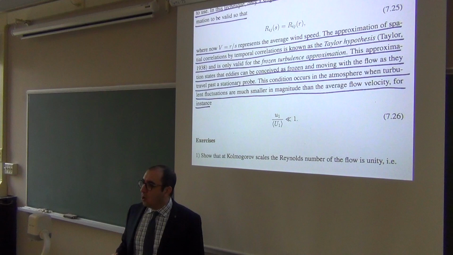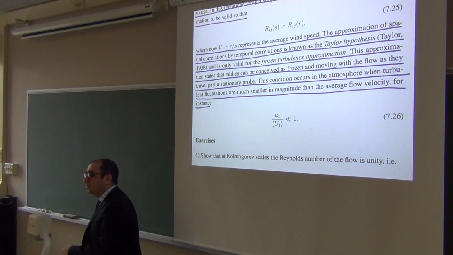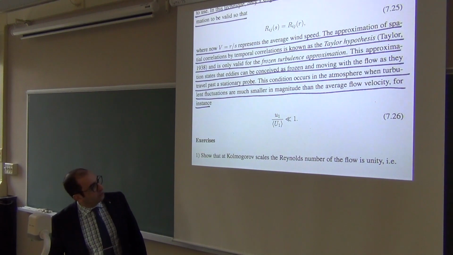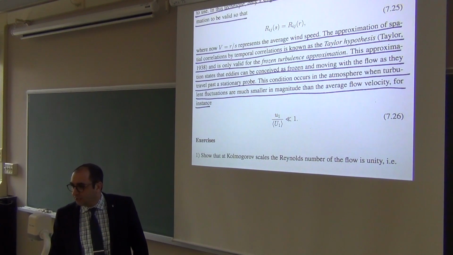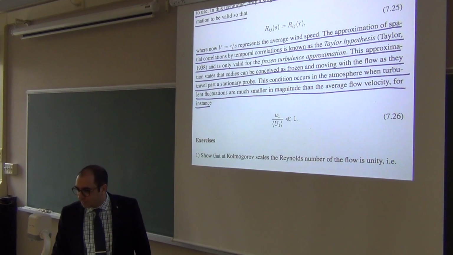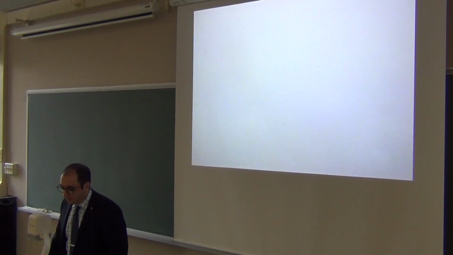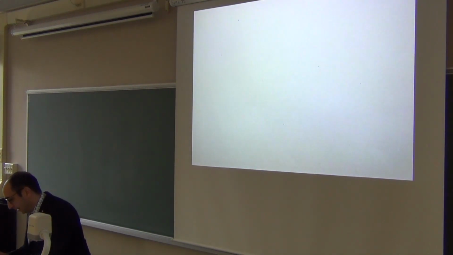So fluctuations are small compared to background mean motion. If that's the case, the Taylor hypothesis is a very good approximation. And you can use it for all kinds of flows, even at laboratory scale, in water channels, wind tunnels, all other situations. Now, I would show you the picture.